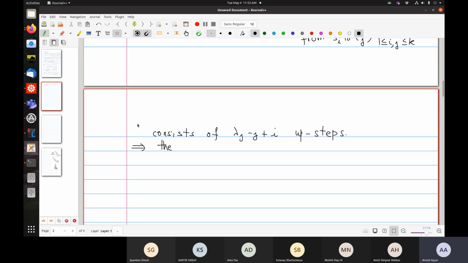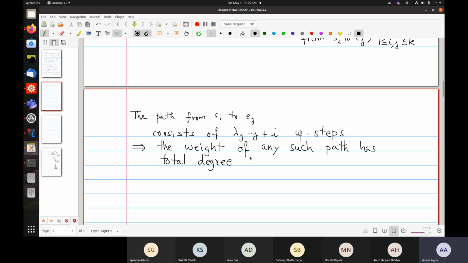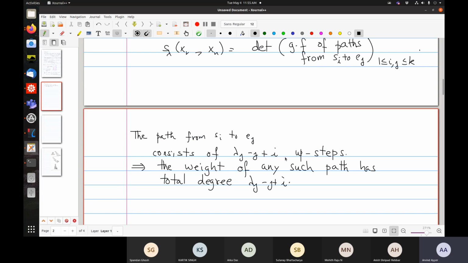Sorry, what am I saying? The path from Si to Ej. So the weight of any such path has total degree lambda j minus j plus i, right?